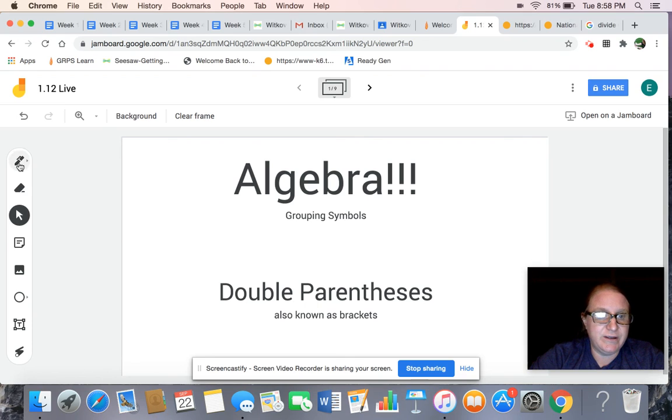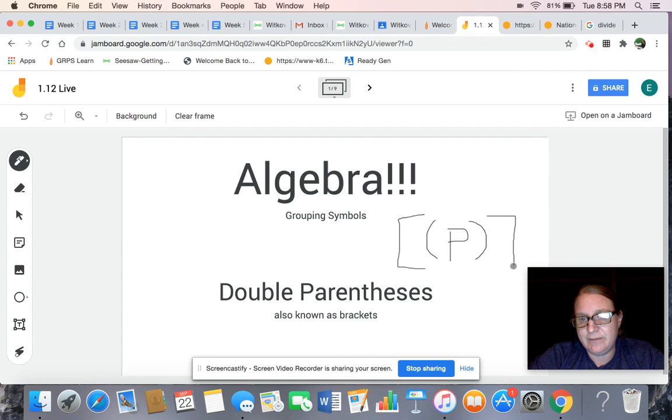Parentheses that look like this, we're very familiar with those, but we're going to see some today that look like this. The curvy ones are called parentheses, and the straight ones are called brackets.